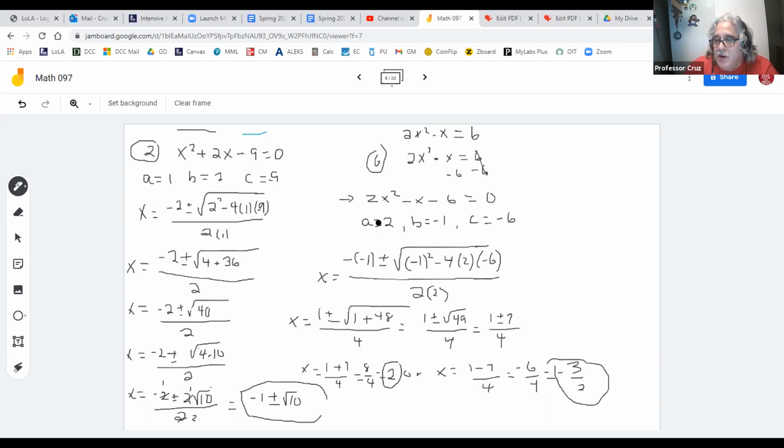So A is equal to 2, B is equal to negative 1, C is equal to negative 6. Fill in the quadratic formula, just in case you want to see it.